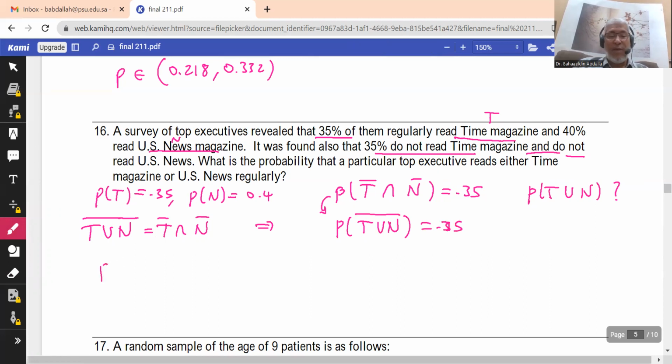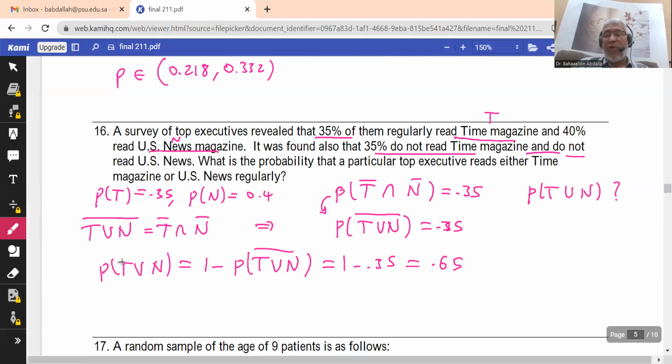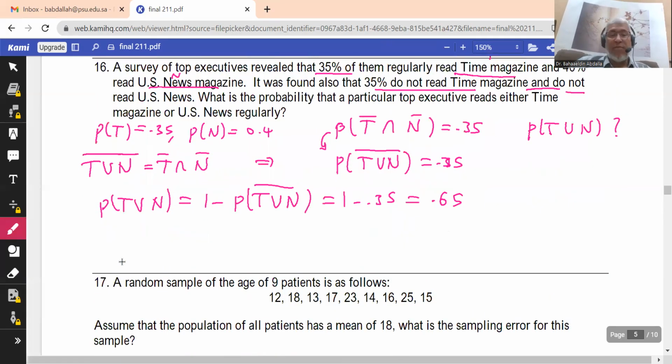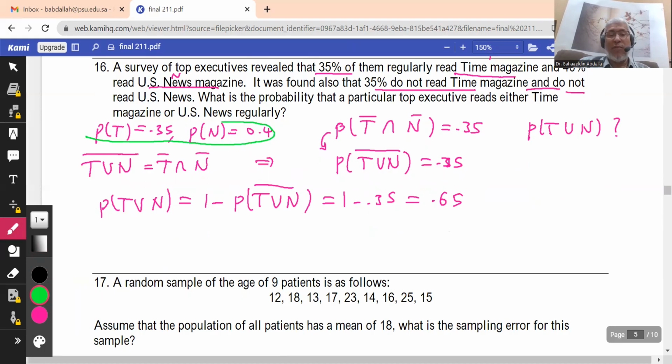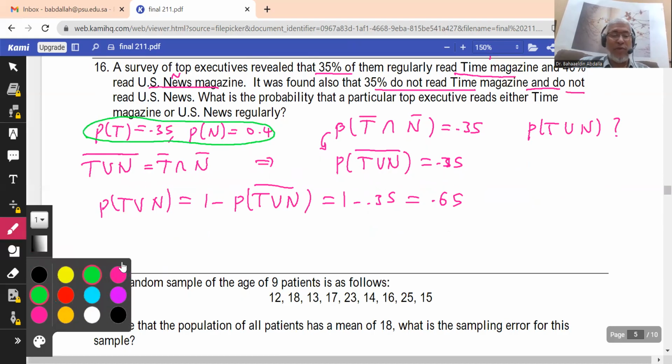And probability of T union N is 1 minus the probability of the complement. So the answer is 0.65. So the probability of T union N is just 0.65 in this case. And there is no need, in fact, in this question of these two informations. We did not use them, all right?